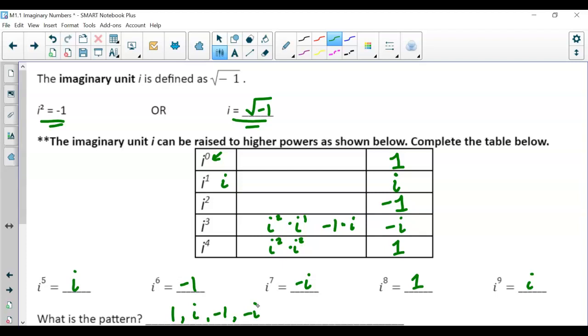So we divide our exponent by 4 and use this as our pattern. If you have 0, it's 1. 1 quarter is i. 2 quarters is -1. 3 quarters is -i. That is our pattern here.